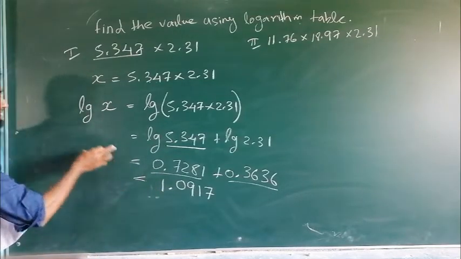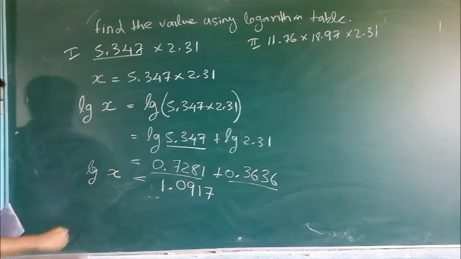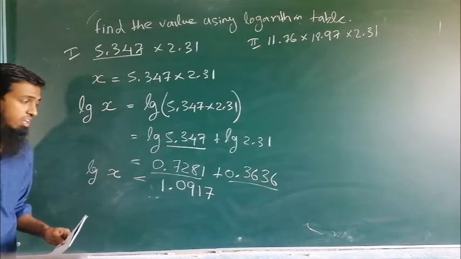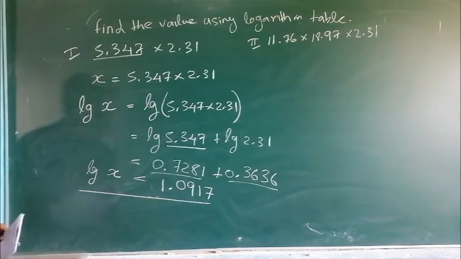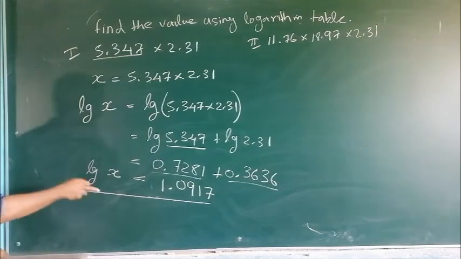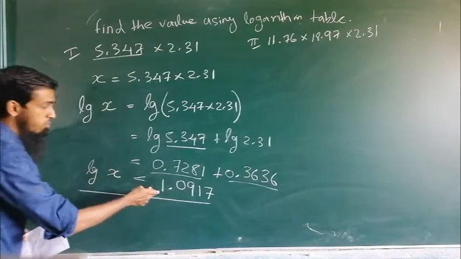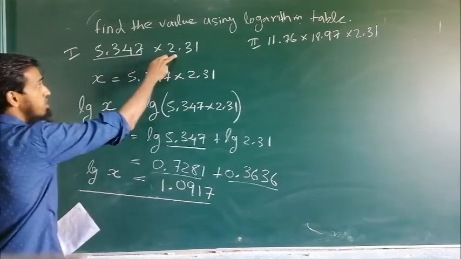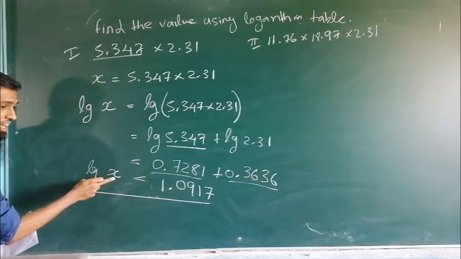So in the step, write LGX on the left hand side. I told you in the anti-logarithm session, remember the step. If you look at this step, it is similar to the step I said to remember: LGX, LGY. So LGX is 1.0917. We need to find the value of x from the multiplication; we write it as x. Now we have LGX and you have to find the x.